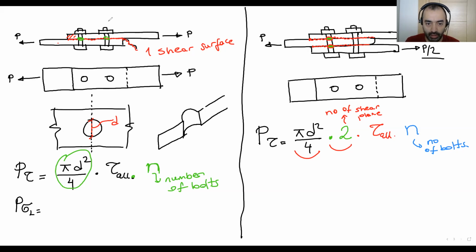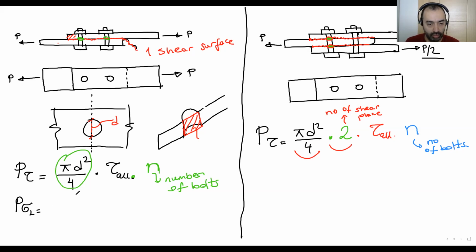So the total section area of the bolt is here, a rectangle. This is the bolt section.